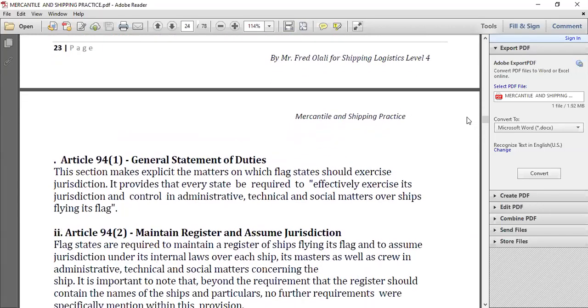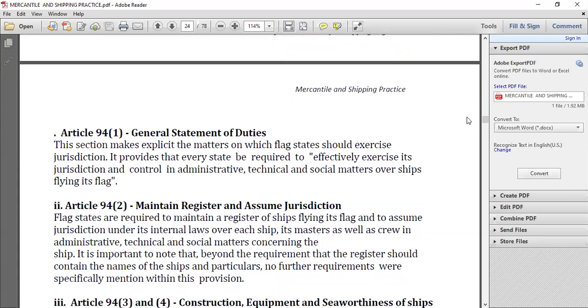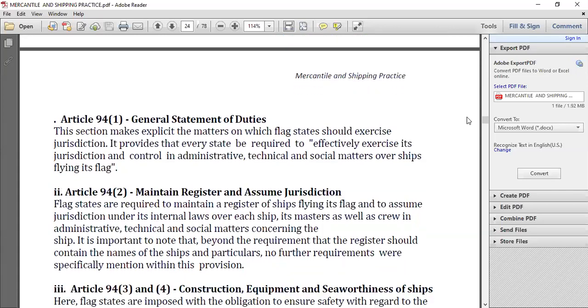Article 94.1, General Statement of Duties. These sections make explicit the matters on which the flag state should exercise jurisdiction. It provides that every flag state be required to effectively exercise its jurisdiction and control in administrative, technical, and social matters over ships flying its flag.